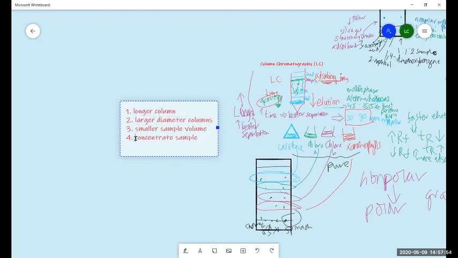So, more concentrated sample. Yeah, you want less diffusion. That's also another reason for 2 through 4. And another thing is you want to counteract gravity, so more nonpolar is better.